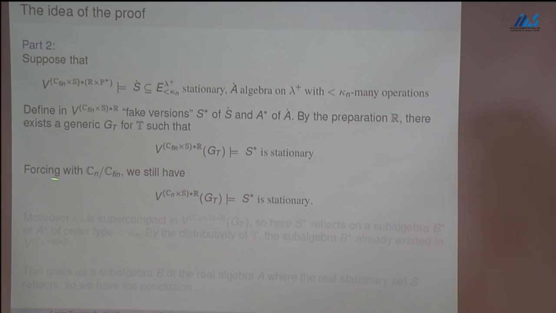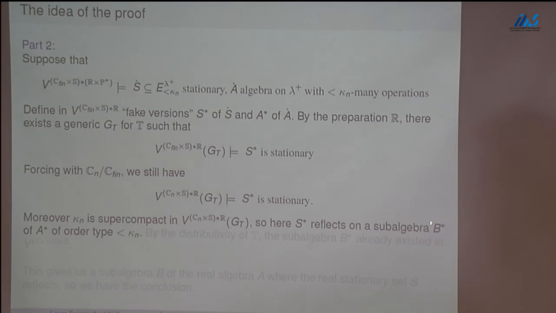If we force with Cn quotient C finite, then quite easily S star is still stationary, and here the advantage is that kappa n is supercompact, and we can use the same argument of the key lemma to get a subalgebra B star of the fake algebra that has order type less than kappa n, in which the fake stationary set reflects.